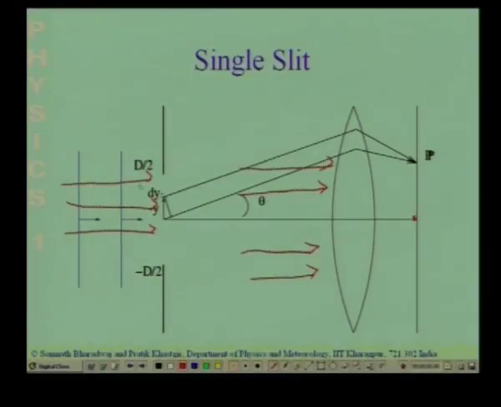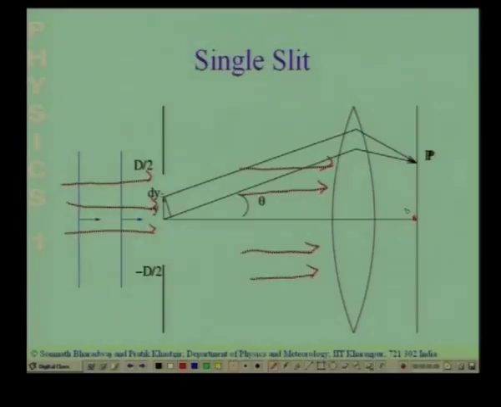Why a very bright spot? Let me again go through it. This wave would be interpreted in terms of rays. All the rays are parallel to the axis of the lens and they would all be focused to the same point at the center of the screen. But in reality this is not true. Light is a wave.